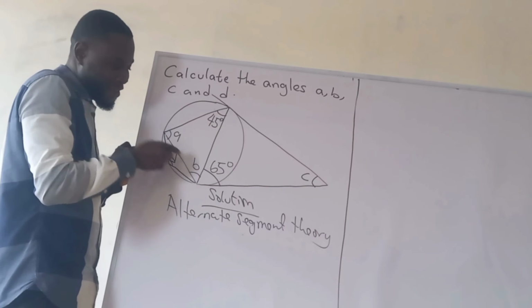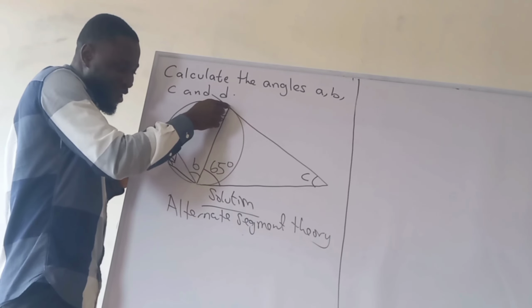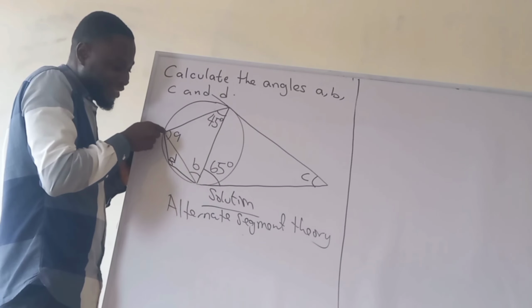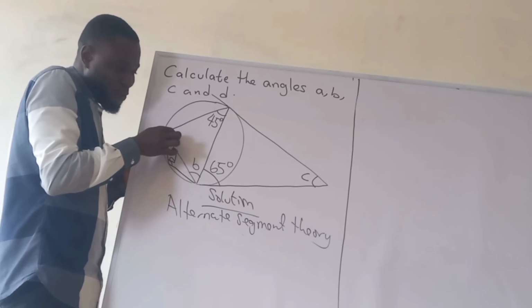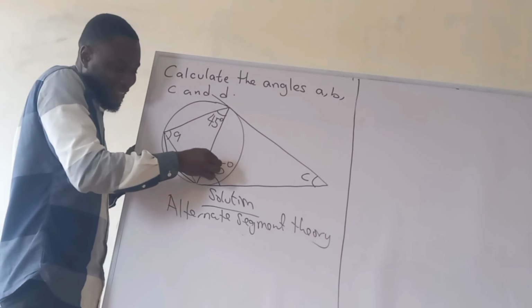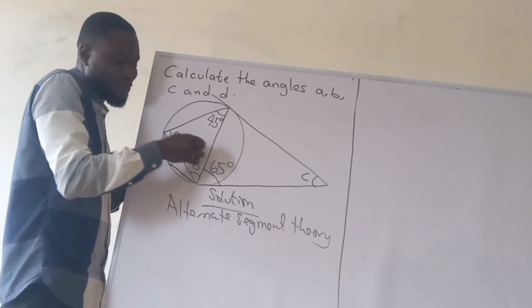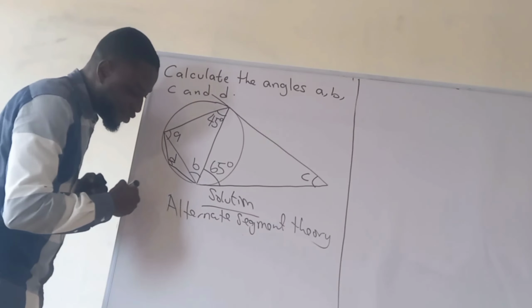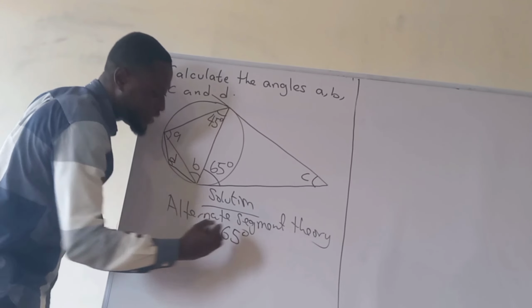Subtends the chord means that from the end point of the chord, you draw a line which will touch the circumference. The angle found there should be equal to this angle, that's the angle between the tangent and the chord. So A will be equal to 65 degrees.